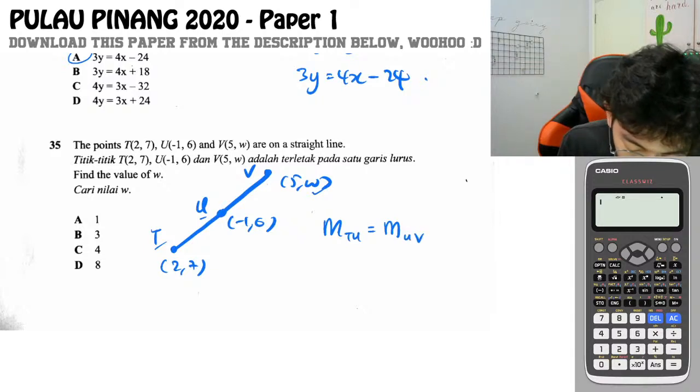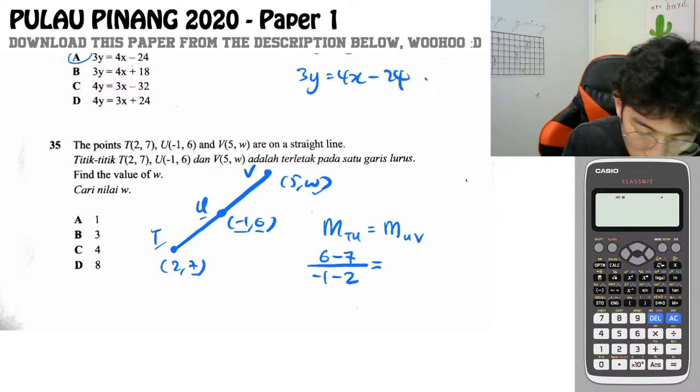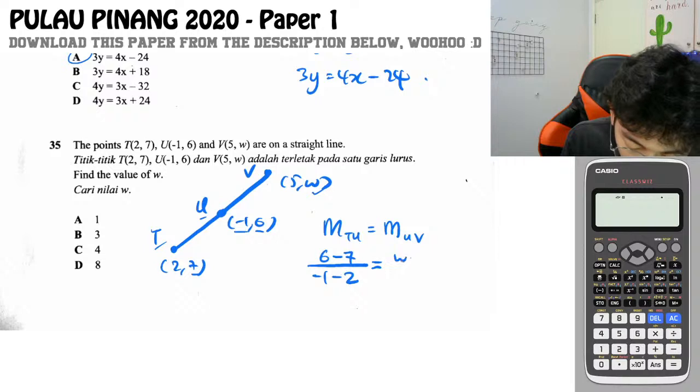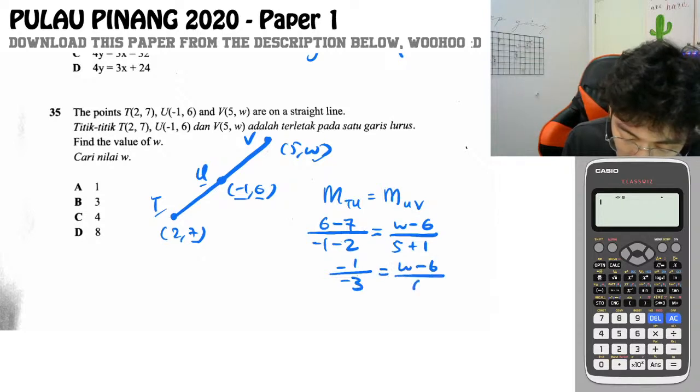So UV: 6 minus 7 over -1 minus 2 equals, I'm selecting UV, same gradient, W minus 6 over 5 minus -1, which means plus 1. So -1 over -3 equals W minus 6 over 6.